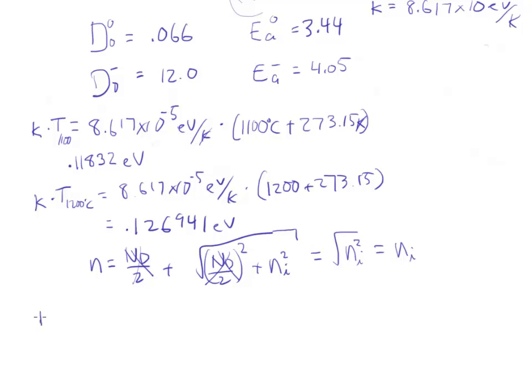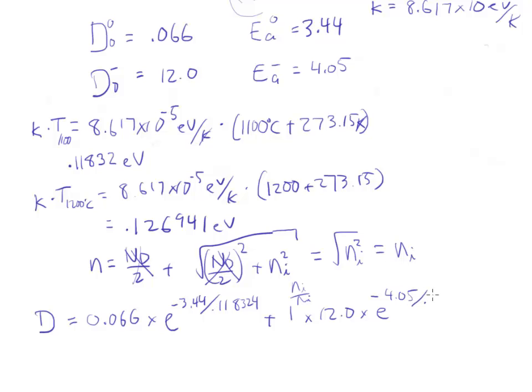So my overall diffusion coefficient, in the first case, is going to equal 0.066 times Euler's constant e to the minus 3.44 divided by 0.11834 plus 1 (n sub i over n sub i) times 12 times e to the minus 4.05 divided by 0.11834.